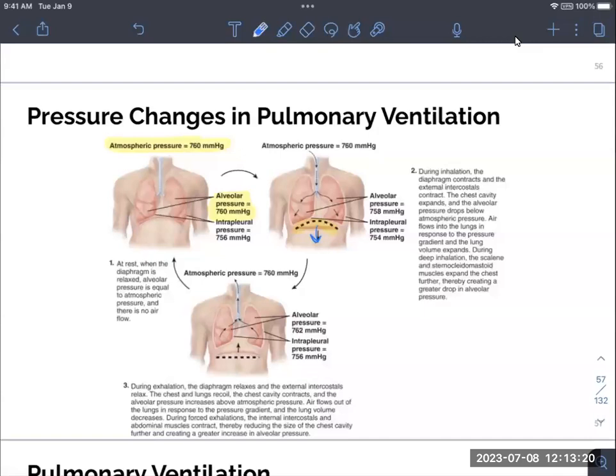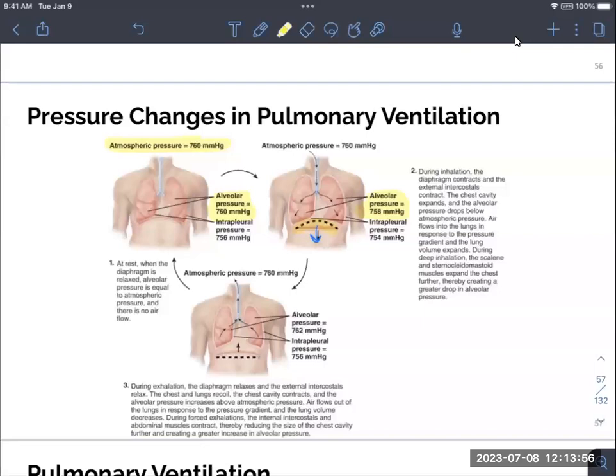When this happens, the alveolar pressure is going to drop below atmospheric pressure. When the pressure in the lungs is below atmospheric pressure, it causes air to flow in through the nose, down into the lungs, because we're trying to equalize those pressures.